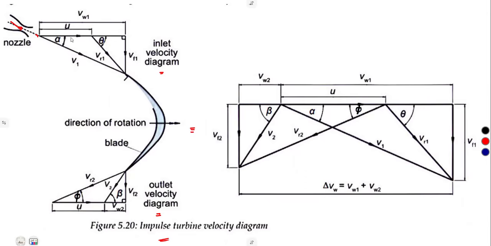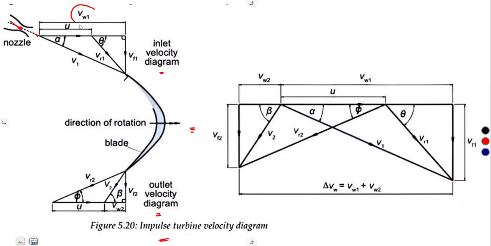And here we have our blade speed, or the blade velocity, or the wheel speed. Then we consider VR1 on the inlet, which is the relative velocity of the gas, and VF1 being the flow velocity.